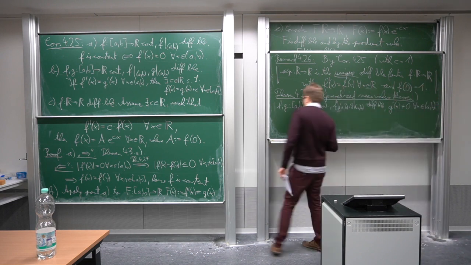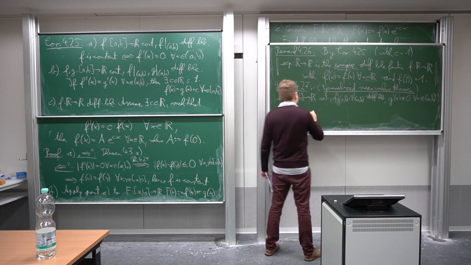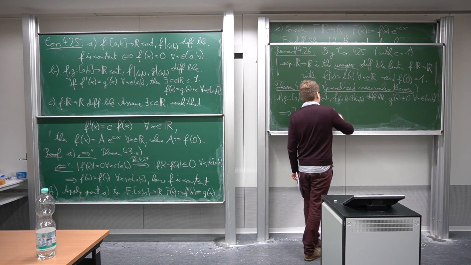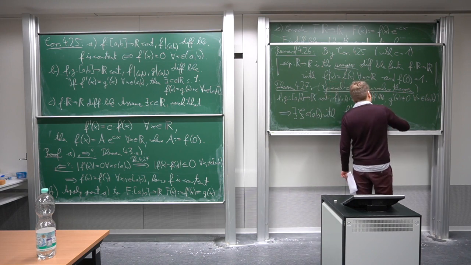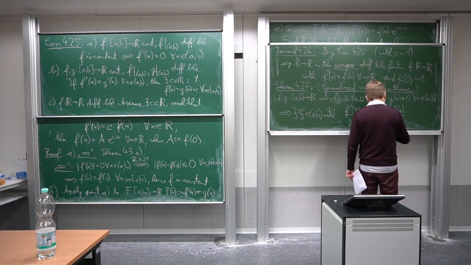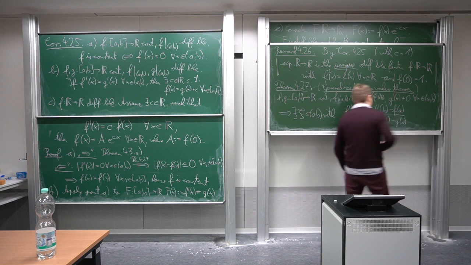Then the generalized mean value theorem says that there exists a psi in this open interval (a, b) such that f prime of psi divided by g prime of psi is f of b minus f of a divided by g of b minus g of a.